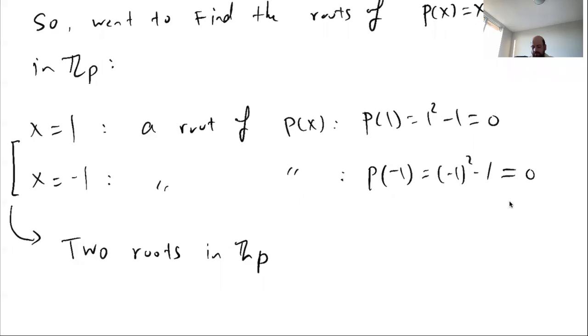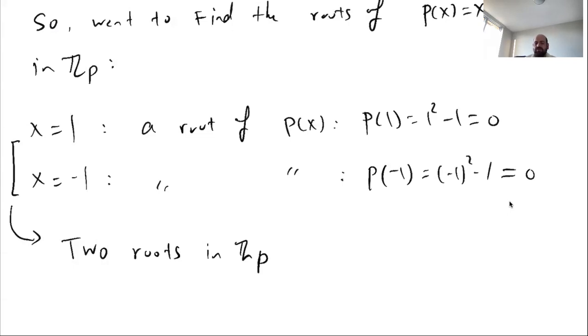Well, you may tell me that -1 is not one of the numbers in ZP, because ZP started from 0, 1 all the way to P -1. Yes, -1 is not in that list. But I can find the equivalent number to -1 in ZP by just adding P to my number. Everything in ZP is mod P, so -1 is the same as P -1.